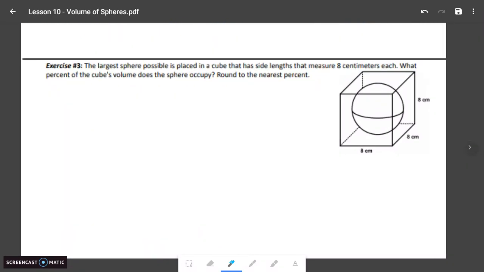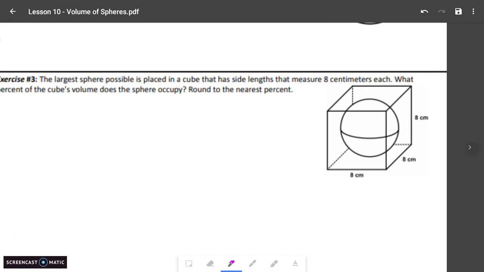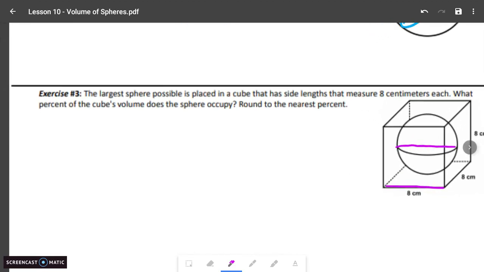Okay, the largest sphere possible is placed in a cube that has this length of 8 centimeters each. What percent of the cube's volume does the sphere occupy? So, if it's the largest possible sphere, here's one side. My diameter is going to match that. Okay, so there's two things we have to find here.